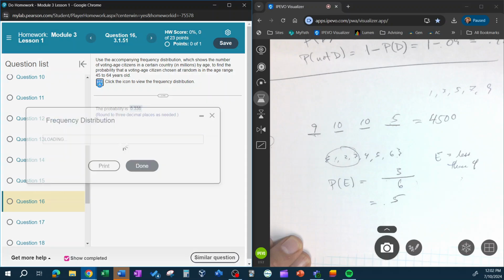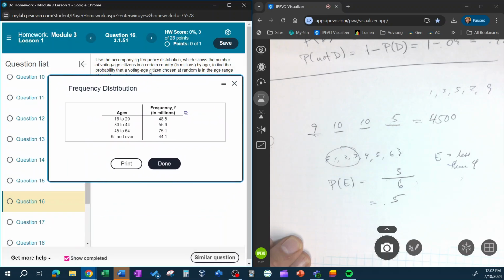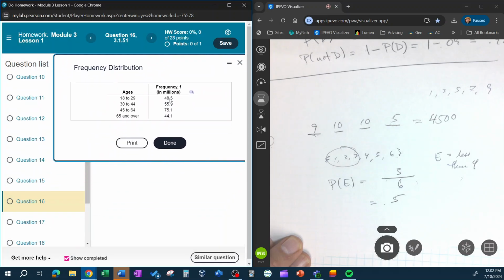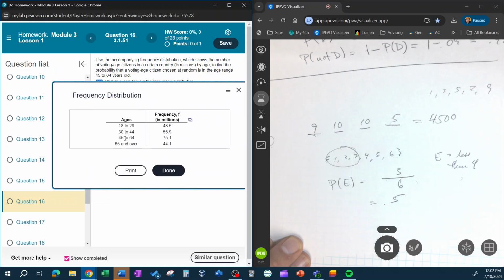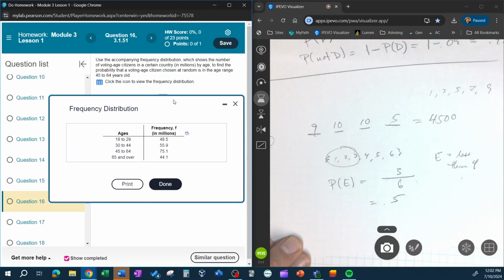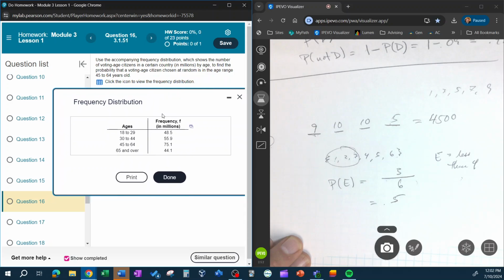It looks like there's 48.5 million in this age group and 55.9 million in that age group. What's the probability if we pick a random person that they're going to fall into this group?